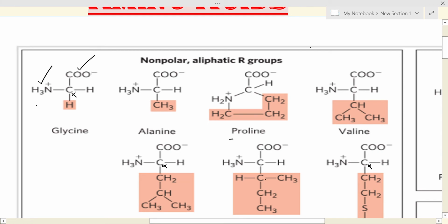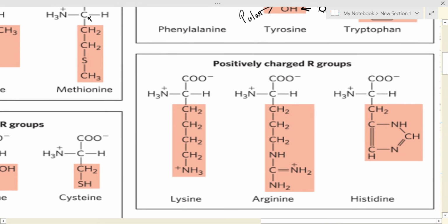These are polar in nature, but we judge the type of R group which is bound to carbon alpha. If the R group is non-polar, then we say that the amino acid is non-polar, and if it is polar, then the amino acid is polar in nature. I hope this point is clear.